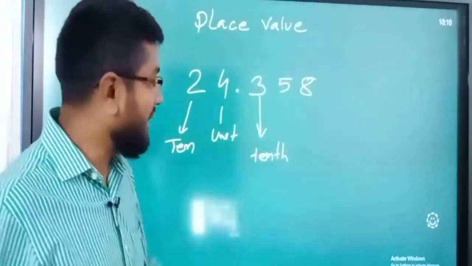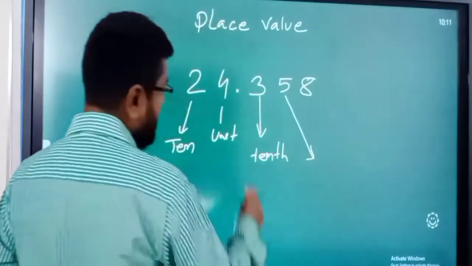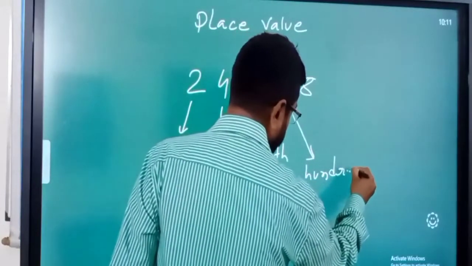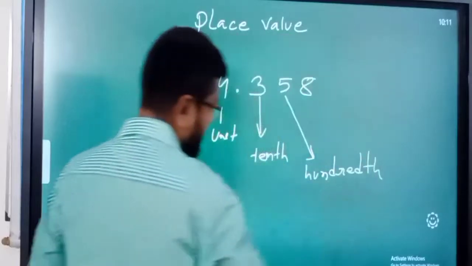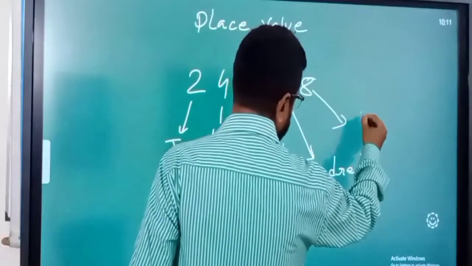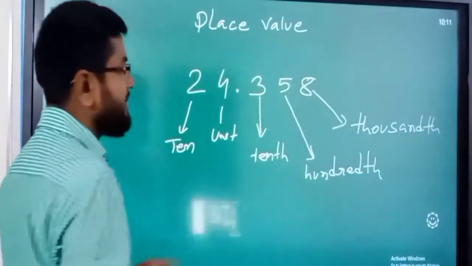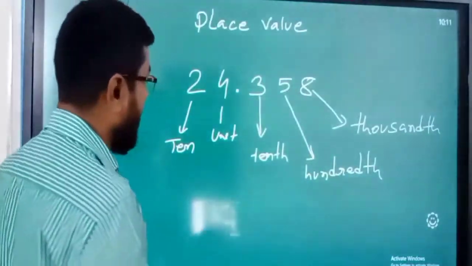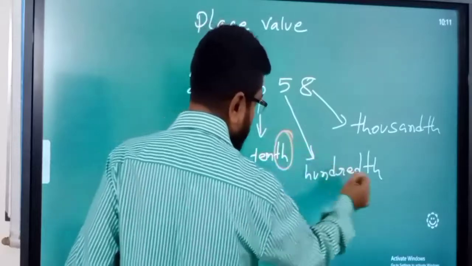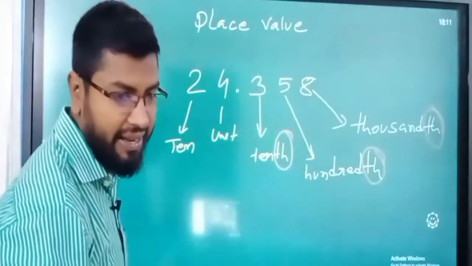That is the position. Now this 5, if this is 10th, 5 is 100th. This 8 is 1000th. Follow this: it is TH, it is also TH, it is also TH. This is the position and ordinal number sign.